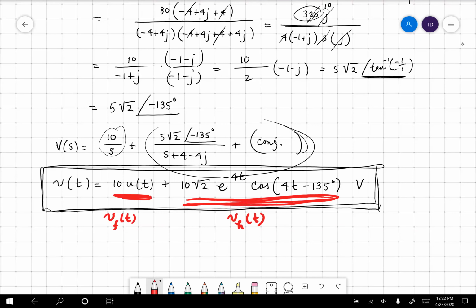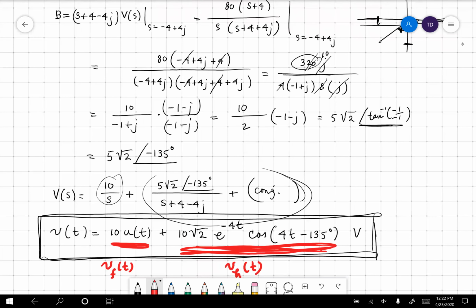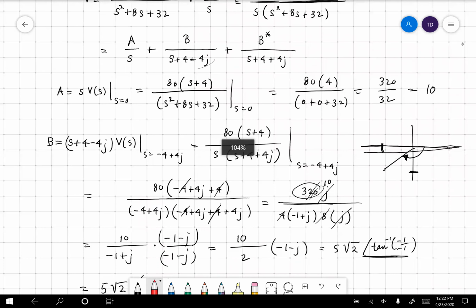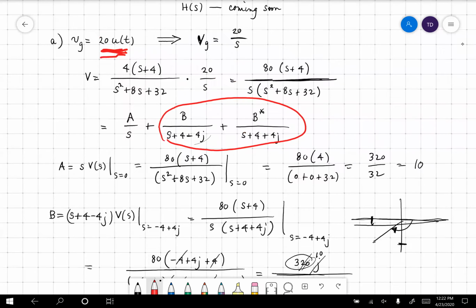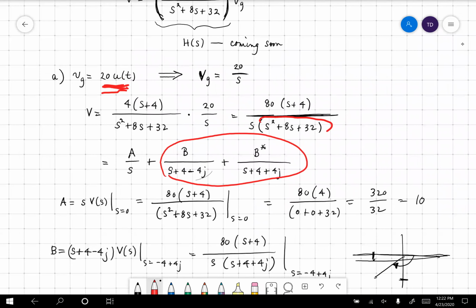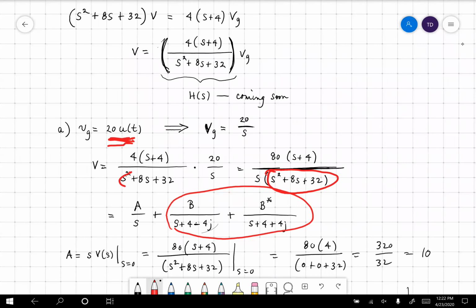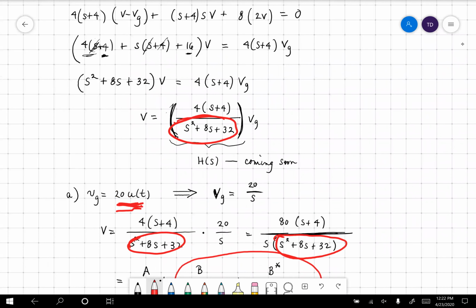Outstanding. Now check this out. I want to remind you that this came from these two terms. These two terms, as we go back up a little bit further, are these two terms. Those two terms come from this. That comes from this right here, which came from this, which is the system function.